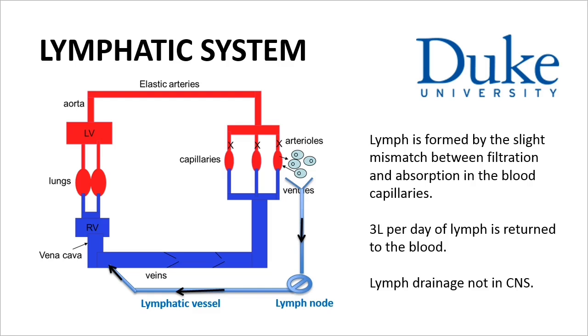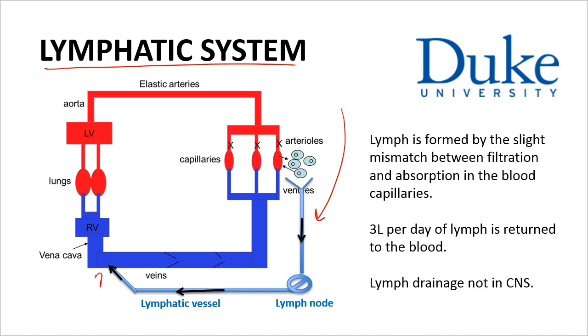This fluid is picked up by another circulatory system, which is called the lymphatic system, and that's what's diagrammed here. The lymphatic system starts as a blind-ended capillary in the tissues themselves, and then drains the fluid from the tissues, this extra fluid, this lymph, and returns it to the bloodstream.